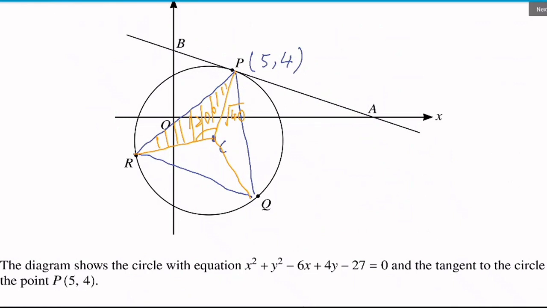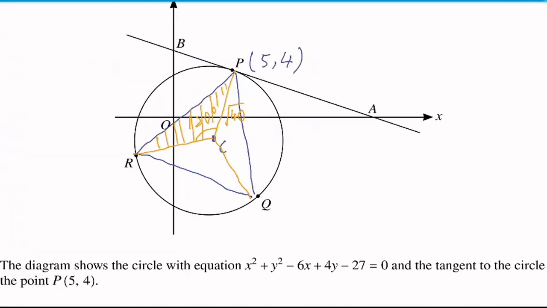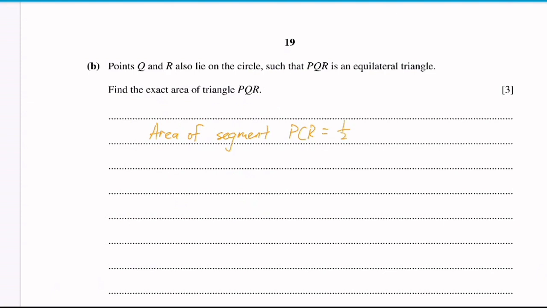So to find the area of a segment, say PCR, the formula is half r squared times theta minus sine theta. So r is root 40, squared. Theta here is 120 degrees, but when we use circular measure, we need to use radians for that.